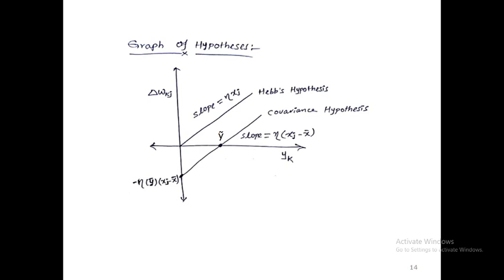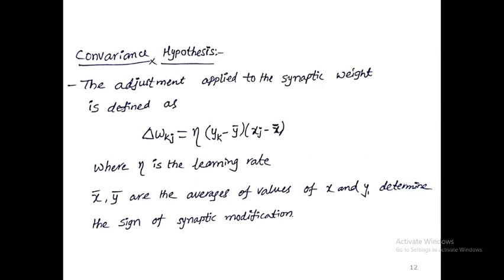Next, where will it touch the x-axis? On the x-axis, the y value, del wkj, should be 0. Substituting del wkj equal to 0 in this equation, we get 0 equal to neta into yk minus y bar into xj minus x bar.